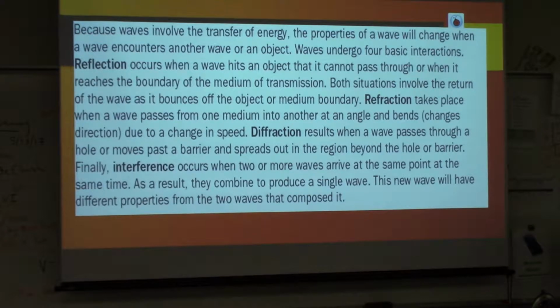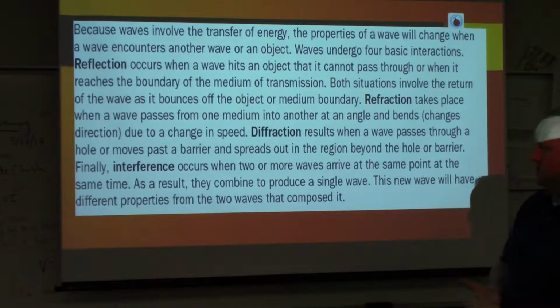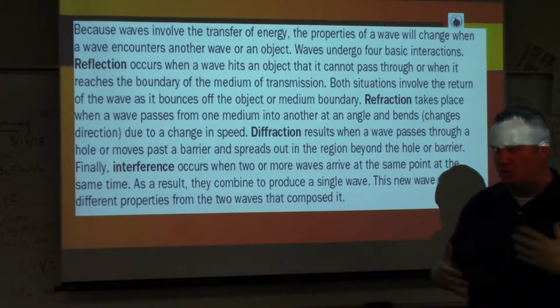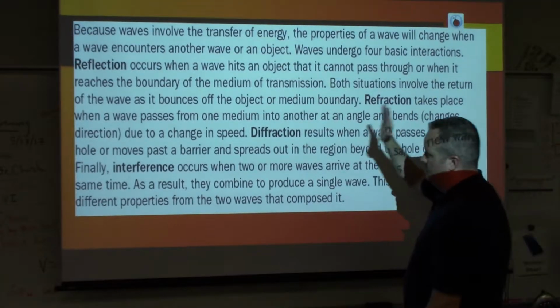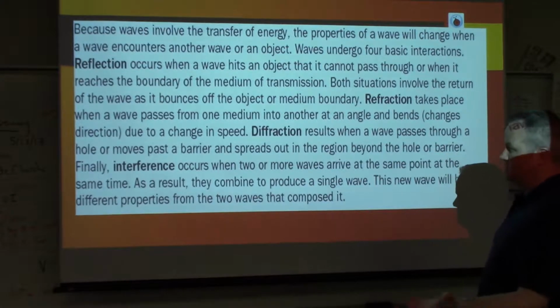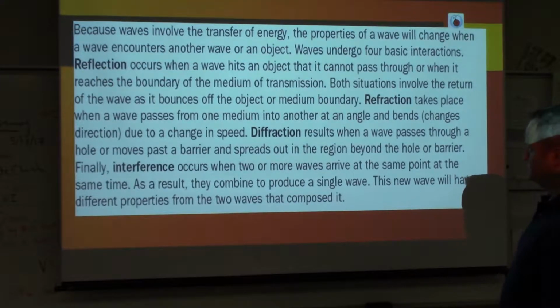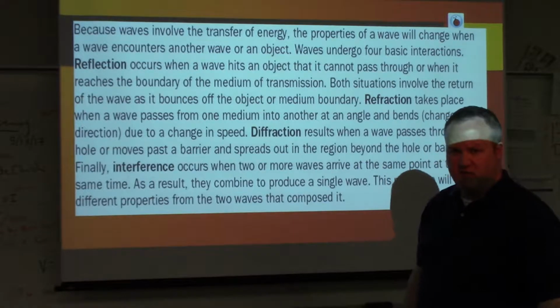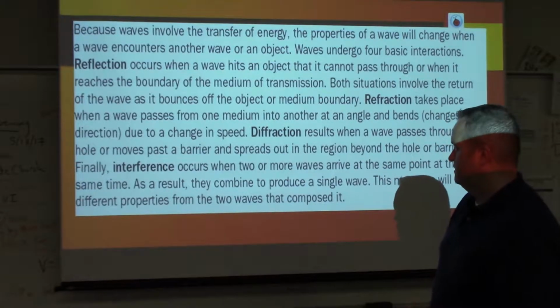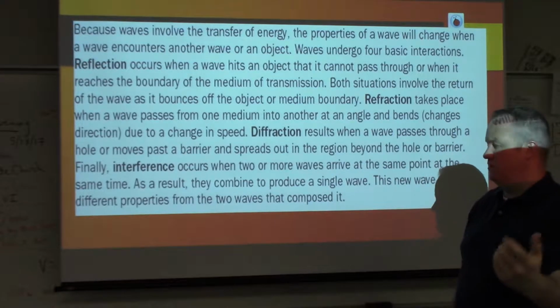All right. This slide talks about the three most common types of disturbances that waves can encounter: reflection, refraction, and diffraction. So they sound similar. Let's talk about what they are. Reflection you're very familiar with. It's when a wave hits something and it bounces off. So this is what happens when you look in the mirror.